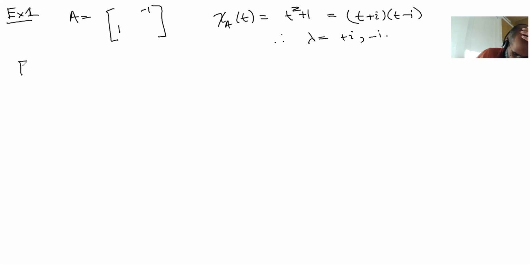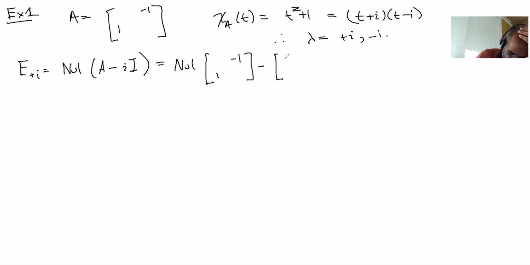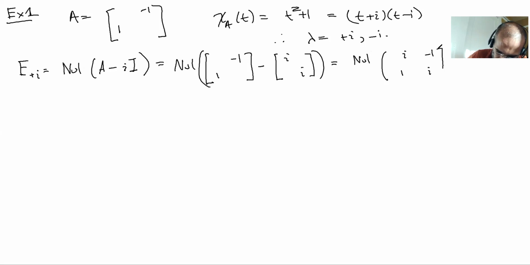Well, let's calculate them. So the eigenspace corresponding to plus i is the null space of A minus i times identity, which is the null space of, so A is this matrix, i times identity is this matrix. And this is your first real encounter with complex linear algebra. You now have to row reduce this matrix, right? So it's the null space of the matrix with rows (-i, -1) and (1, -i).